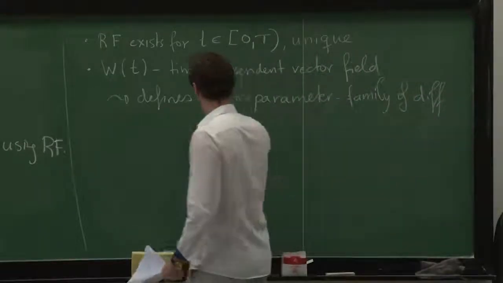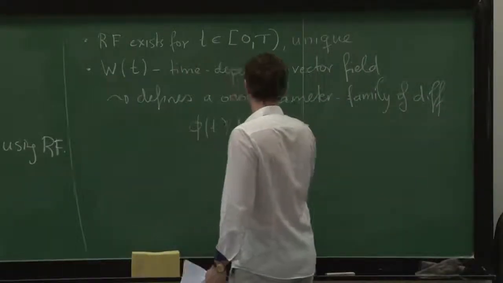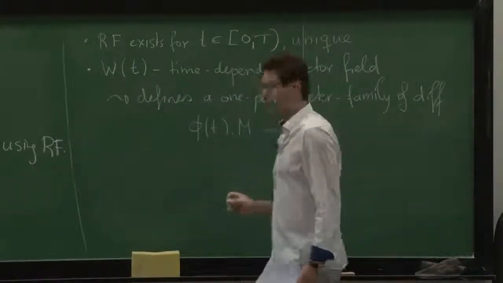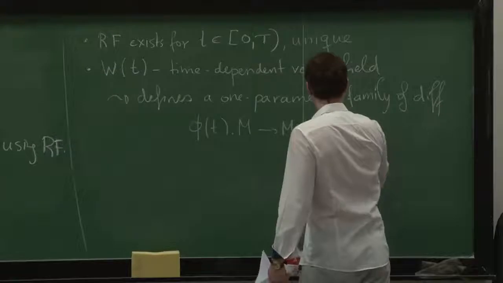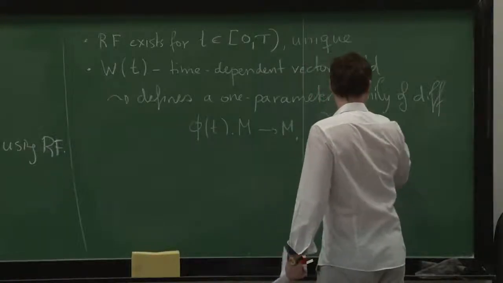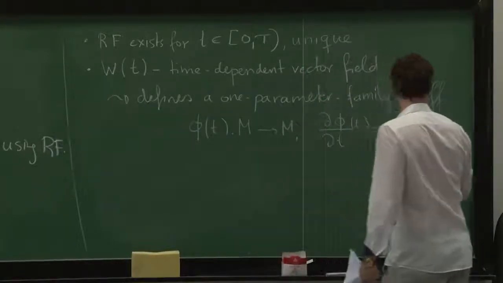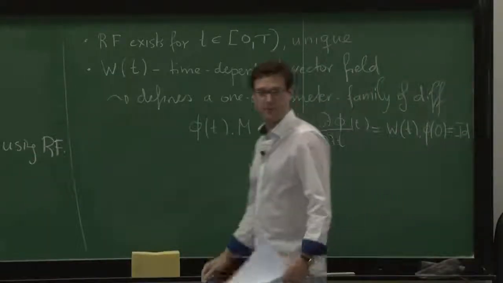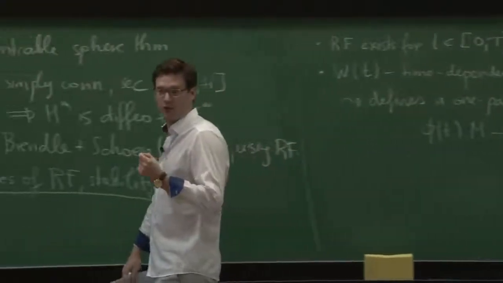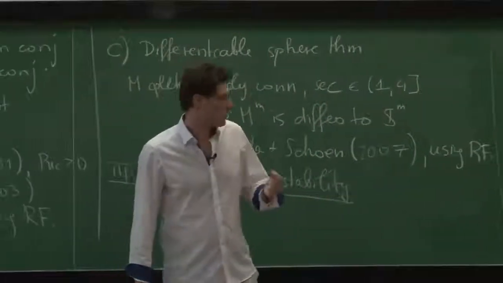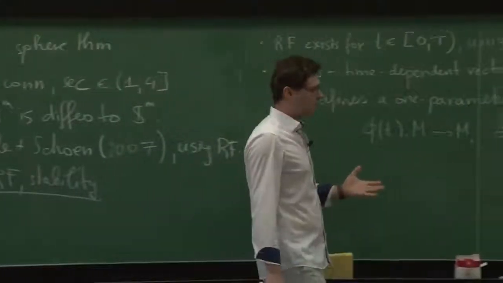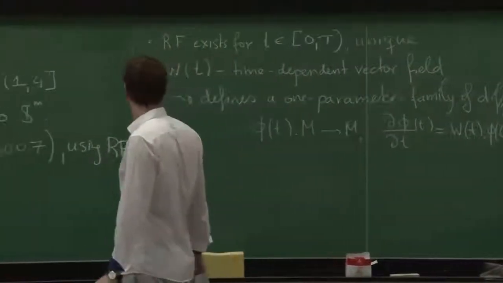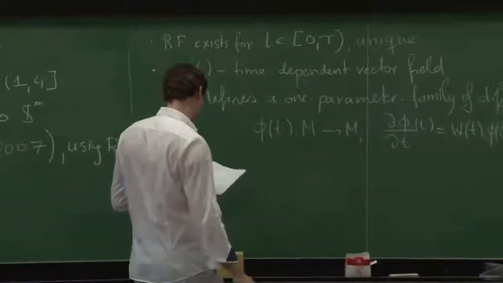So I have diffeomorphisms phi t from the manifold to the manifold, which are defined by my vector field by the following equation. It's a first order partial differential equation with an initial condition. It has a solution. So this is the way you define a one-parameter family of diffeomorphisms.